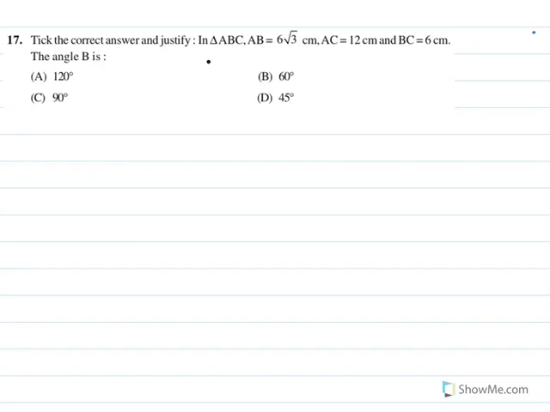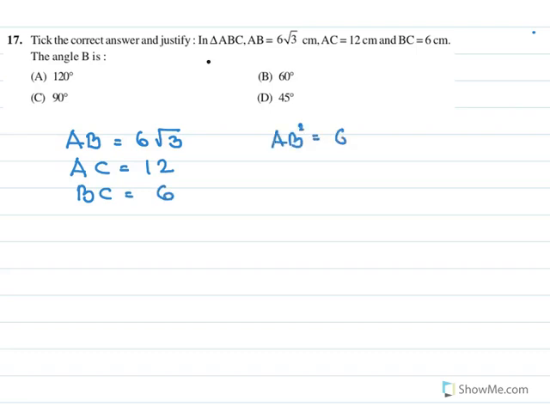Tick the correct answer and justify. In triangle ABC, they say AB is 6 root 3, AC equal to 12, and BC equal to 6. So AB square will be 6 root 3 the whole square. So there will be 36 into 3, which is 108. Now AC square is 12 square, 144.